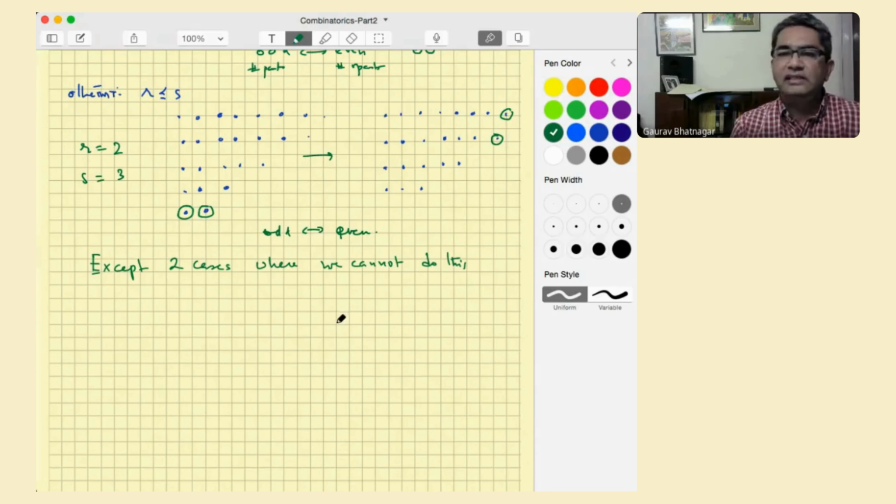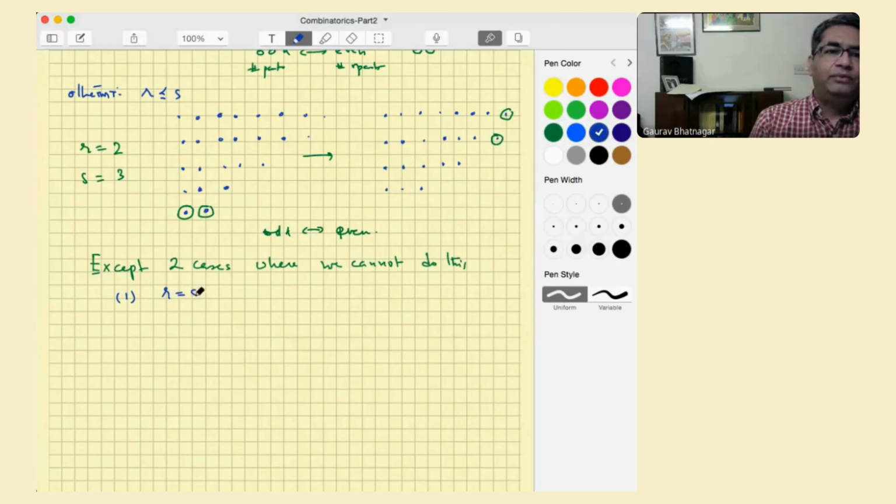And there are two cases where we can't do this. So what are those two cases? One, when R is equal to S and they meet. Meet meaning this and this meet, like this one was meeting.